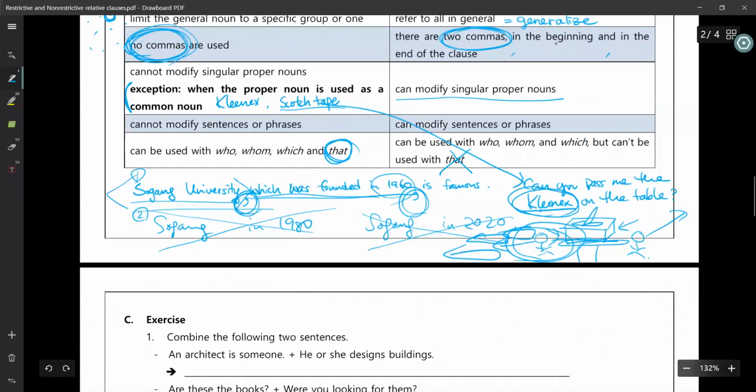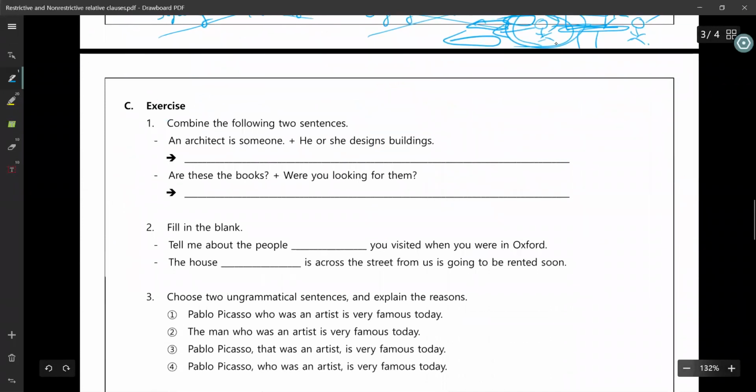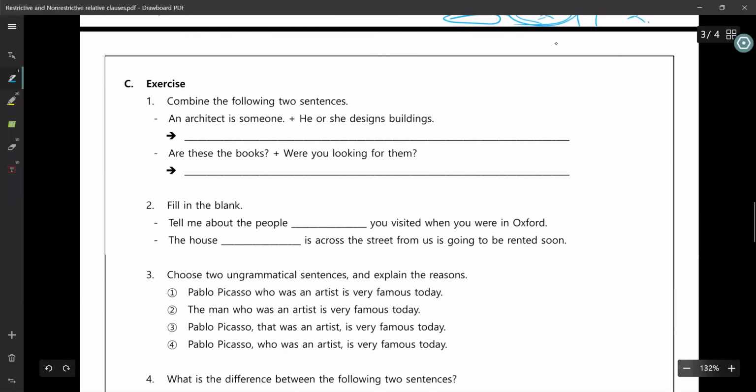Now I'm going to go on to the next section here. This is an exercise example. An architect is someone. He or she designs buildings. Well, if you want to combine these two, we know that an architect is someone, and we know that this connects together, so we're going to say an architect is someone.